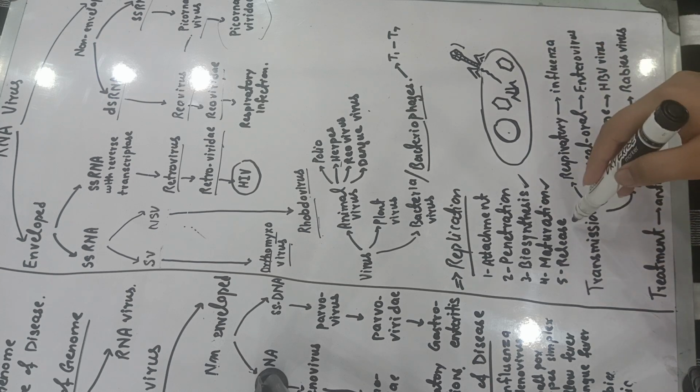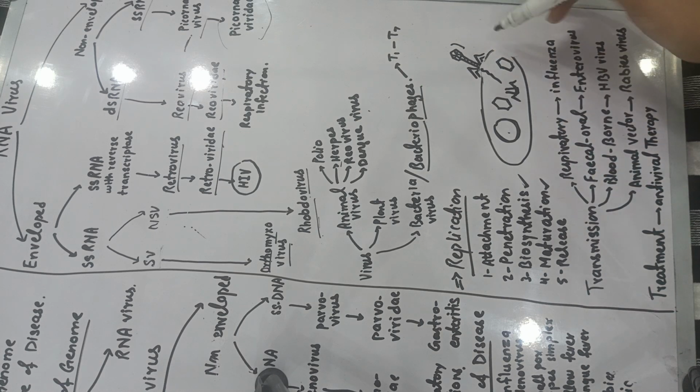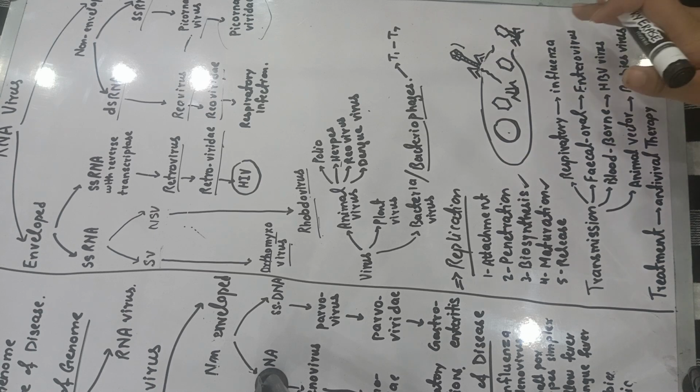The last step is release. At release, the bacterial cell will burst itself. Now it is bursting and releasing the fully formed virions into the outside environment. This is the full virus released outside.